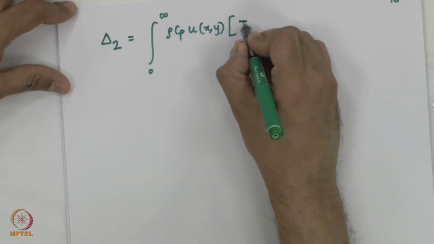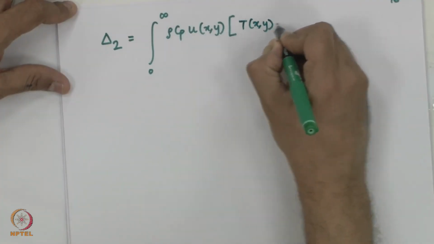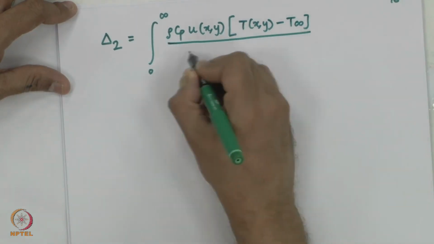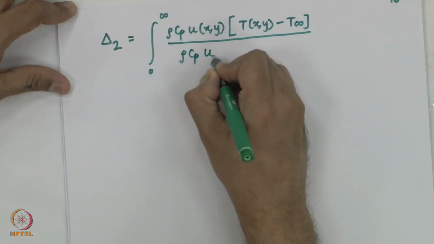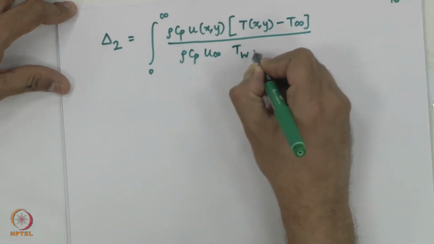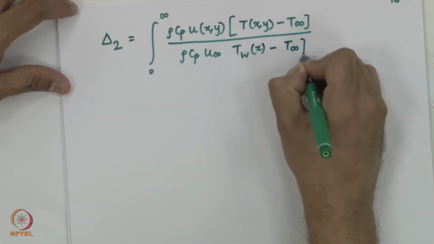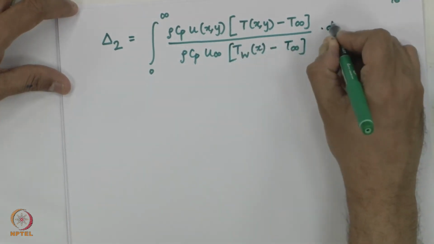It is given by integral 0 to infinity rho Cp u of x comma y. I am putting this x comma y to emphasize that these are all variables, T of x comma y minus T infinity divided by rho Cp u infinity T wall of x minus T infinity, could be function of x or a constant, does not matter, times dy.